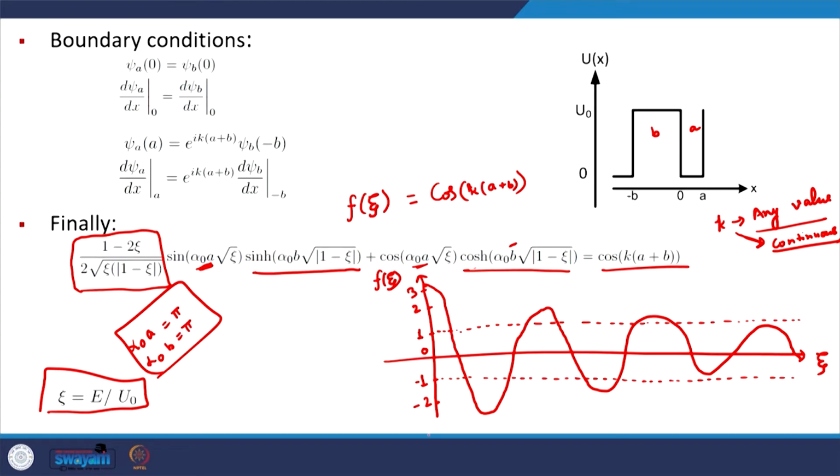So, let us see it here. We have now plotted dotted lines between +1 and -1, and we now see that on the xi axis, in this range of xi values, and similarly in this range of xi values, the left hand side function is between +1 and -1.